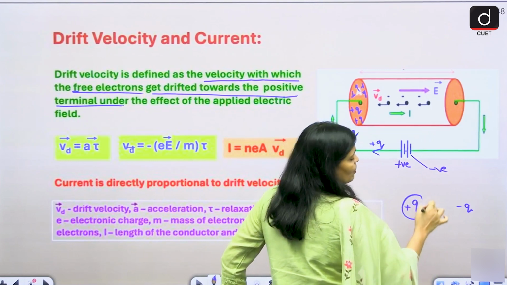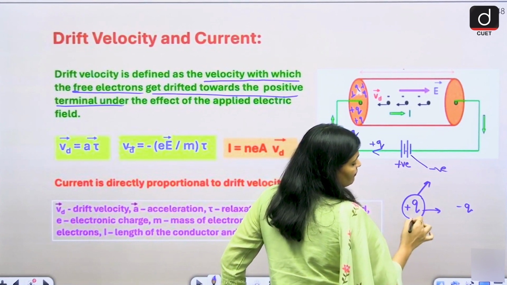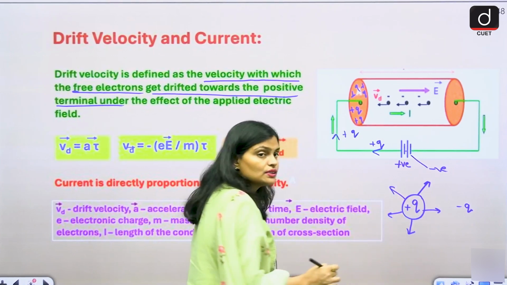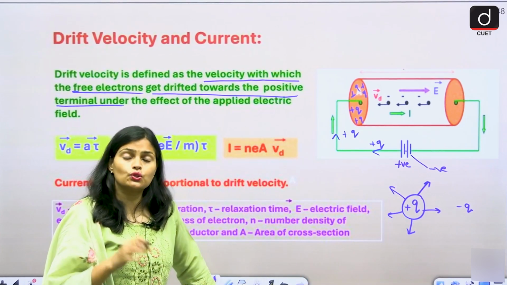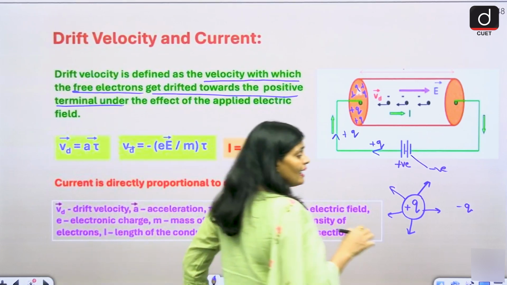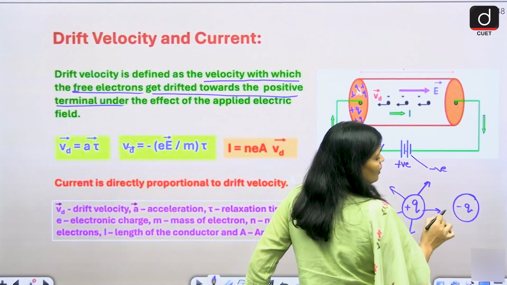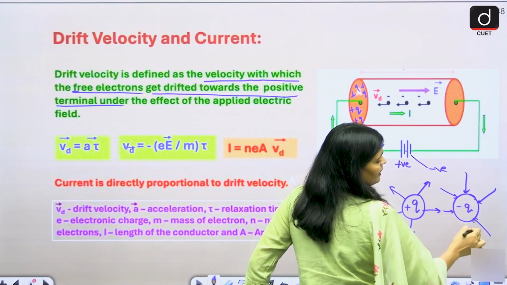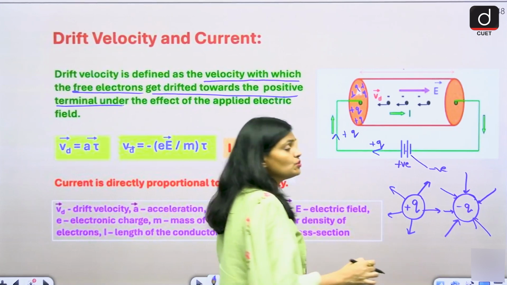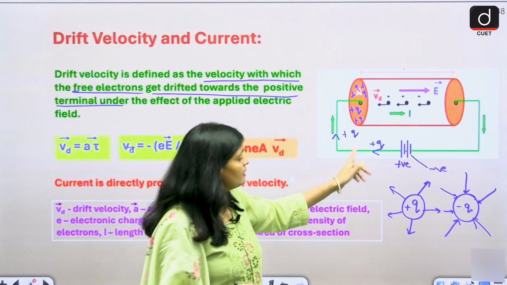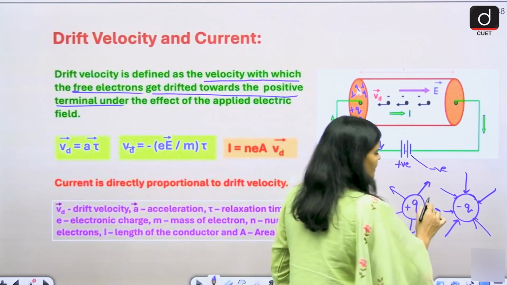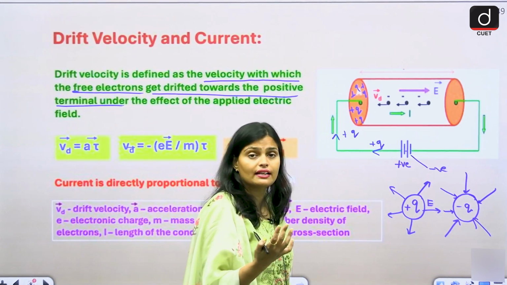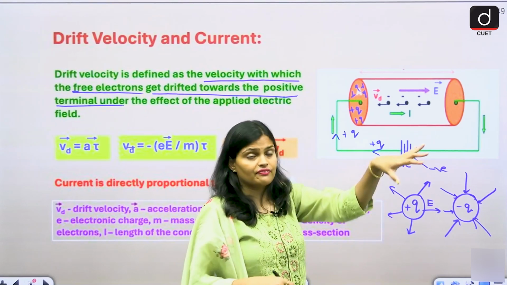Always from the positive charge, the electric field line goes outward, and in the negative charge, the electric field goes inward. These are the electric field lines, which tell you that each charge has an electric field around itself.